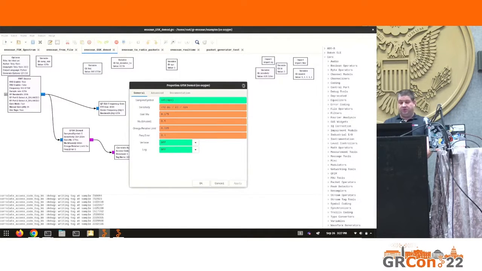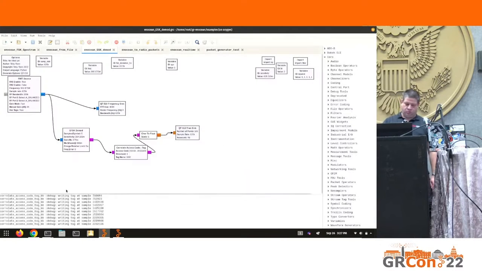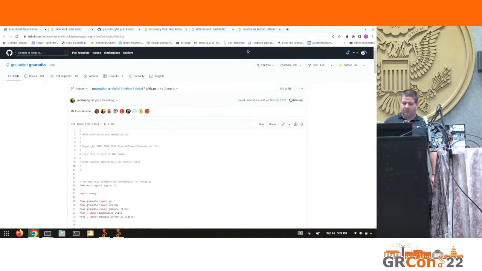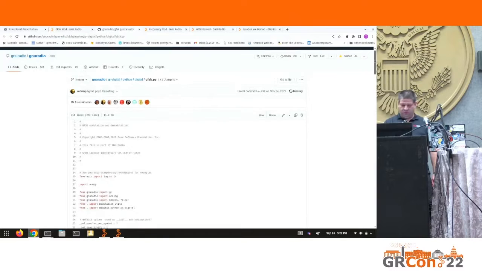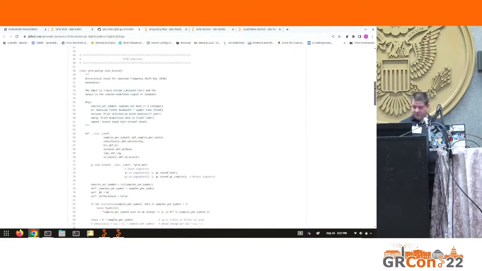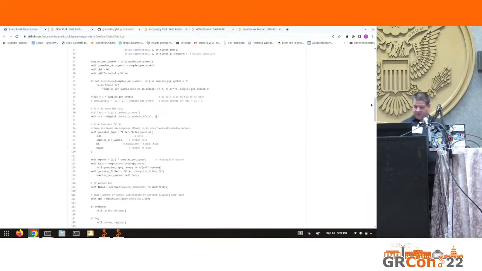It ends up being pi over 2 times samples per symbol, which is documented in the code as well, and it is nicely documented right here.